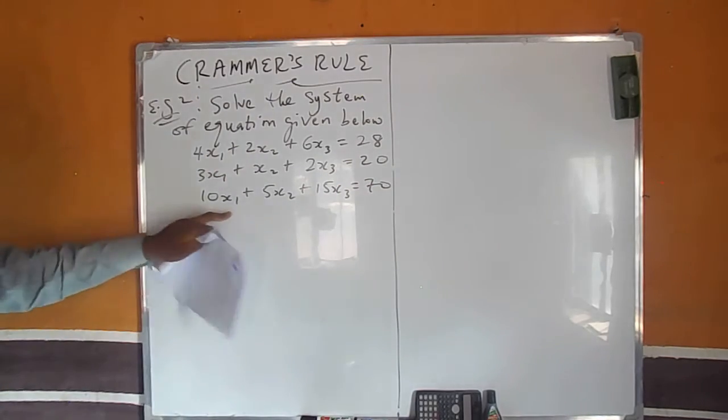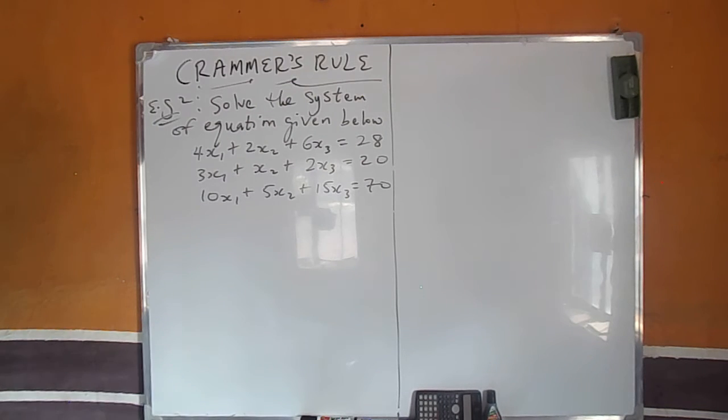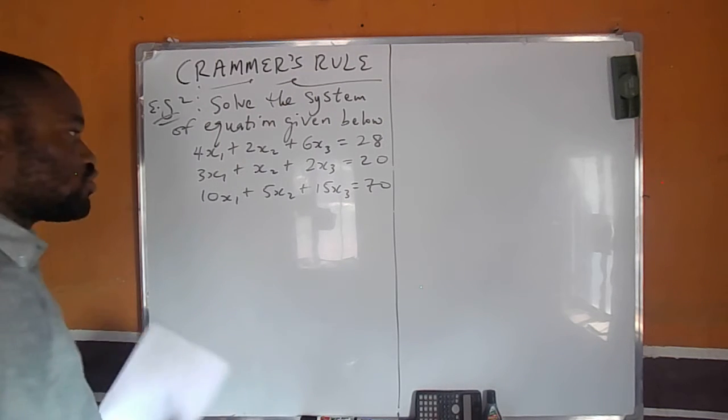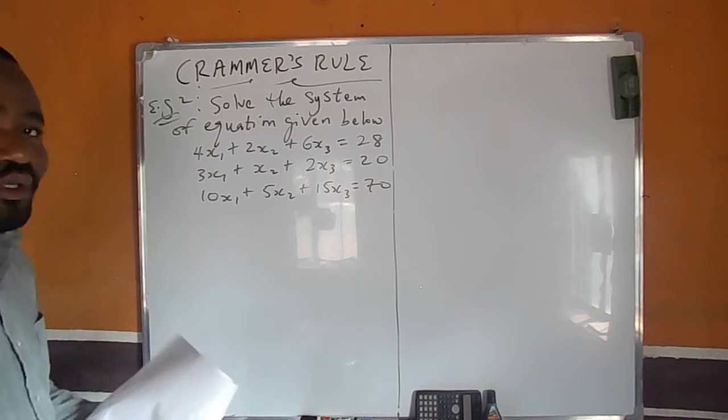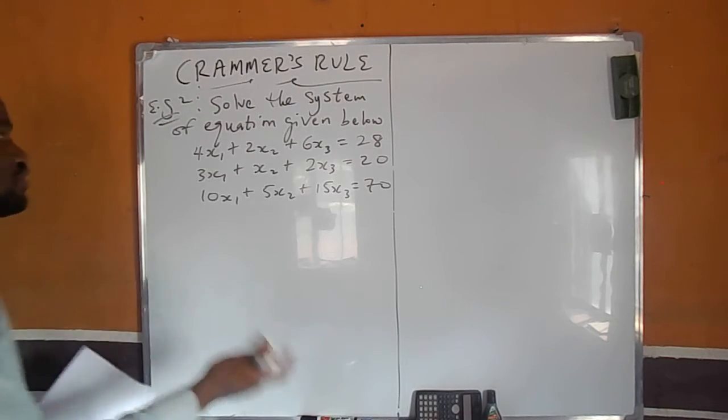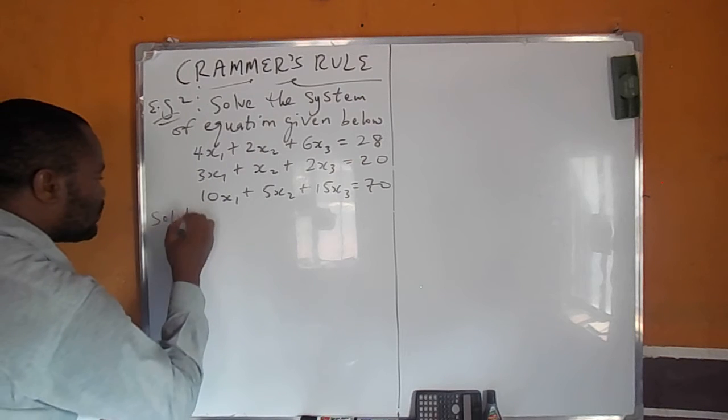The last one is 10x1 plus 5x2 plus 15x3. I'm using subscripts for convenience. It's 10x subscript 1 plus 5x subscript 2. So, the solution.